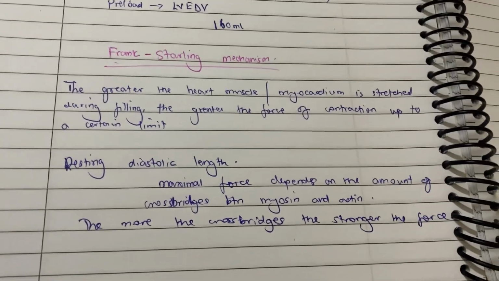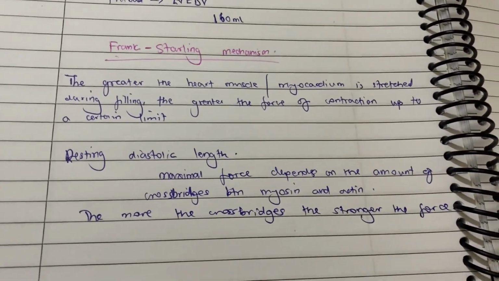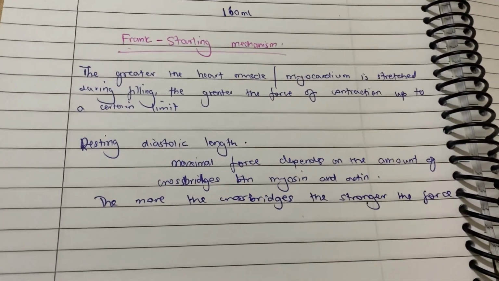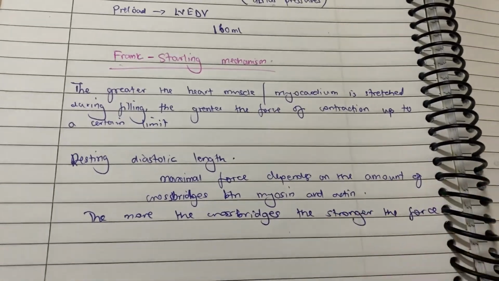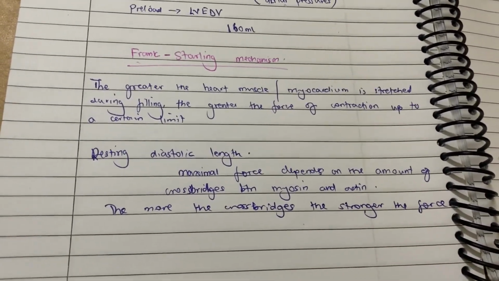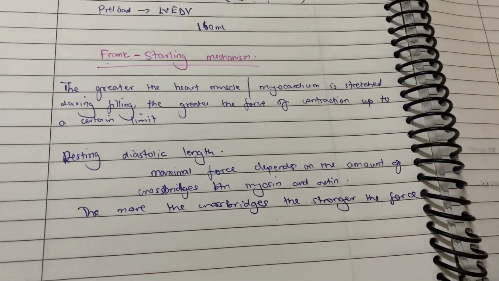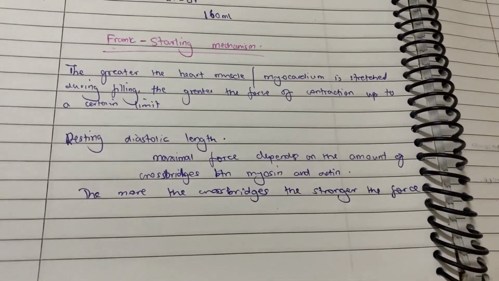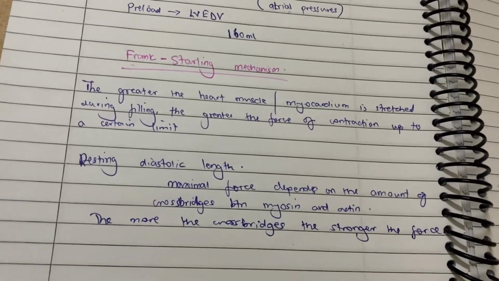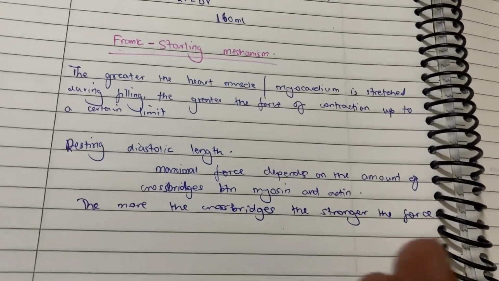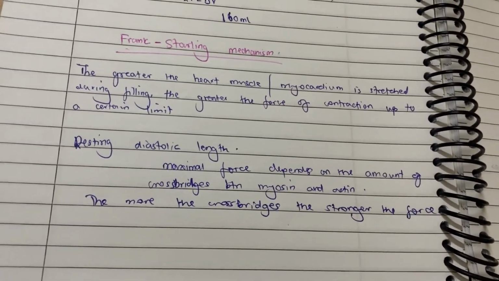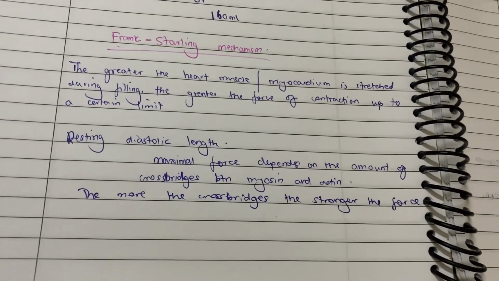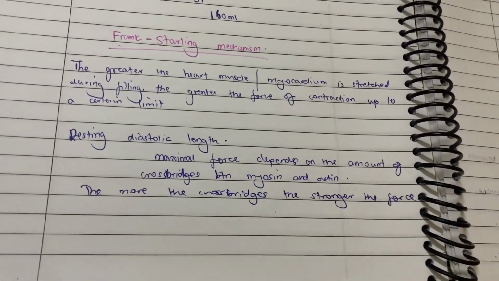So if a muscle is stretched, you are increasing the number of cross bridges, and then the more force that the myocardium can generate. If it is short, the number of cross bridges formed is small or few, so it translates into a small force generated.